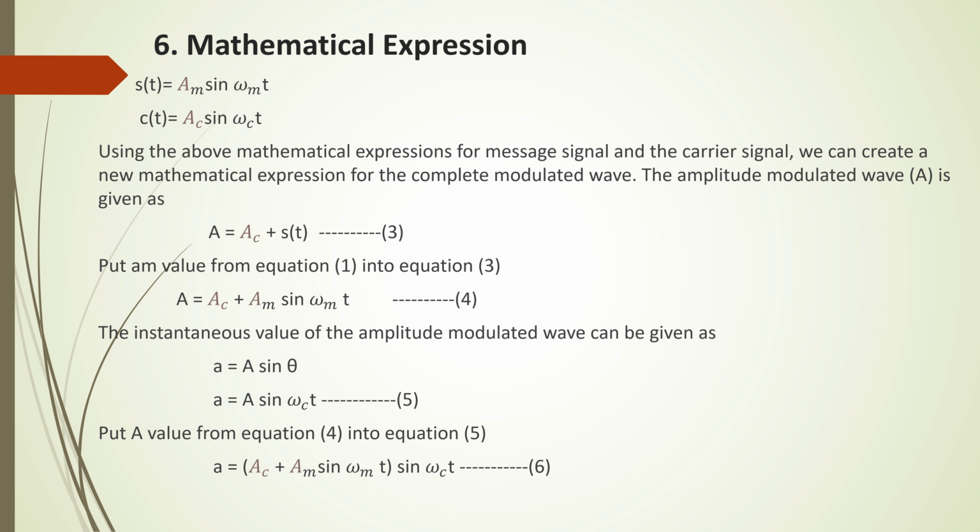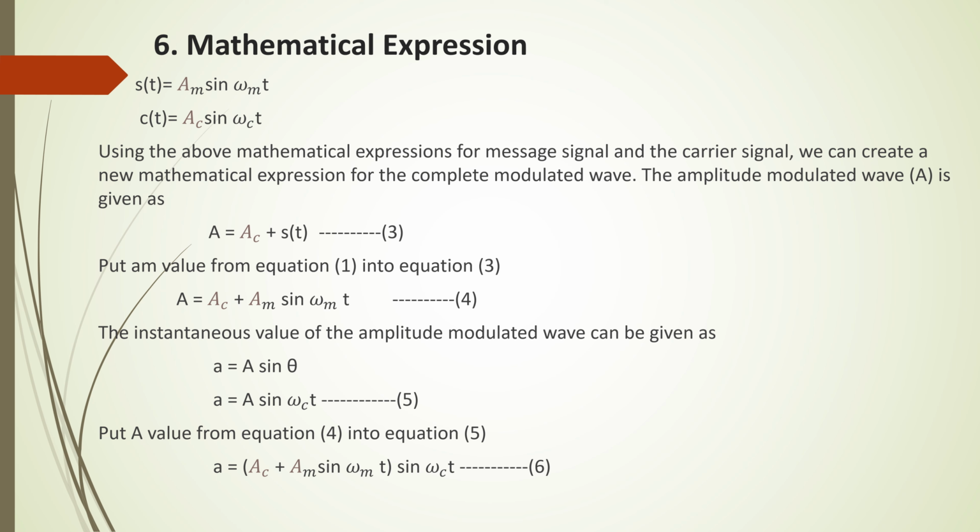The amplitude modulated wave A is given as A = Ac + s(t), equation 3. Put the s(t) value from equation 1 into equation 3: A = Ac + Am sin omega m t.